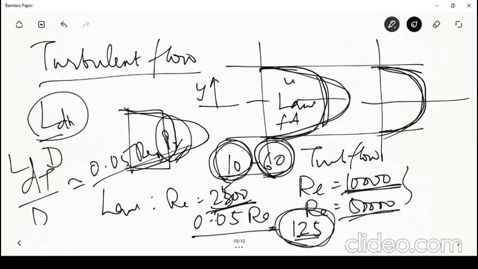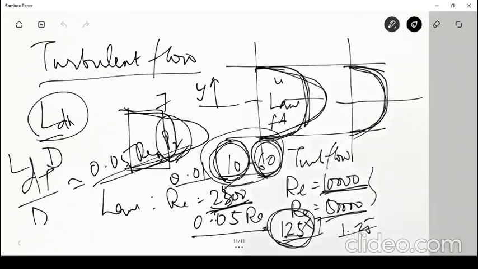So suppose Pr is 7, like for water, then L_DT by D will be 125 times 7, so that many lengths will be required for the thermal boundary layer to develop. So this is for laminar flow. In turbulent flow, again, irrespective of what the substance is, it is 10 to 60 diameters for full development. So this is the development length that we need to understand.